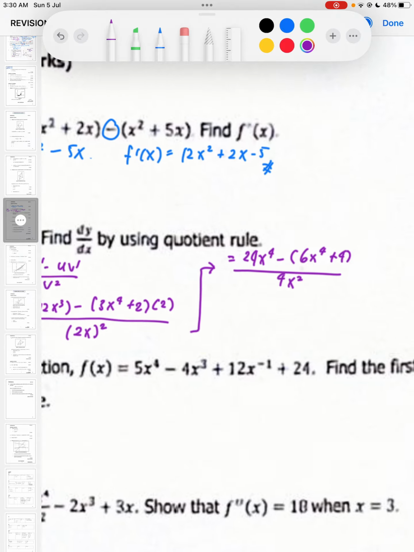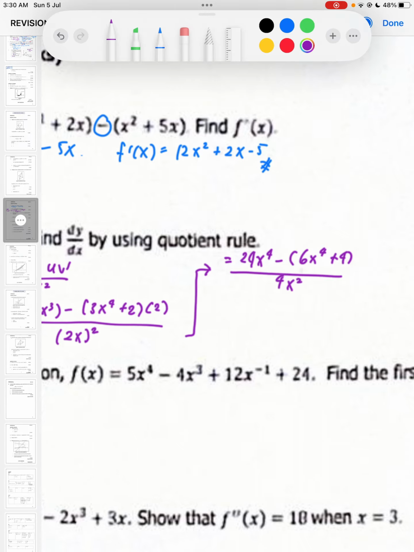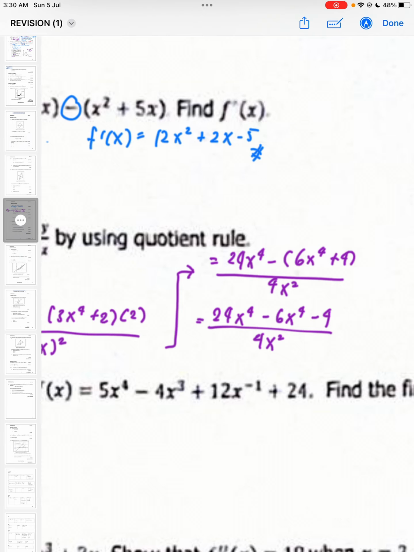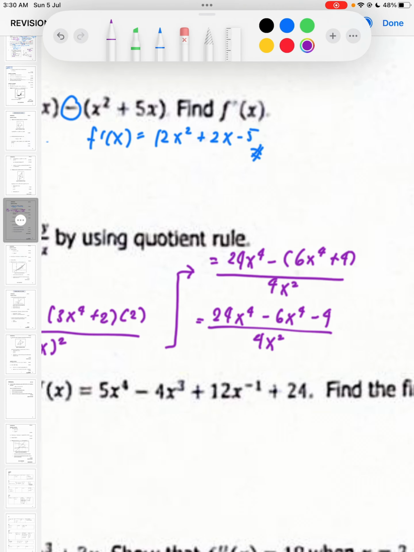4x squared. Okay, so I can, hold on, oh wait, no, I can't do that yet. Okay, so I have to take it out of the bracket first: 24x to the power of 4 minus 6x to the power of 4 minus 4 over 4x squared. You see, this is where most of us get it wrong, because sometimes we just throw away the bracket and then we don't take into account the plus sign over here.